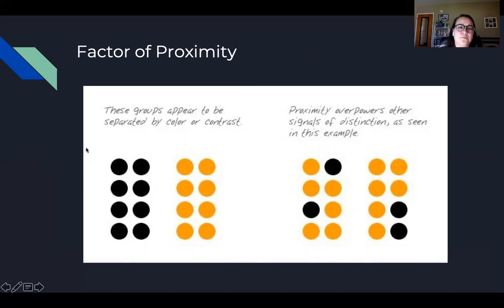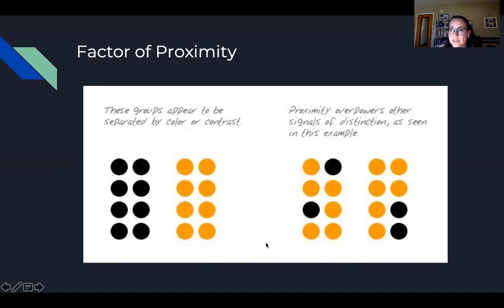shape. So here we can see that the black and orange dots, we could group them based on their color, but here, the idea of proximity, so these two groups being close together, making one whole, and these two groups over on the right together, making another whole, is actually how our brain is organizing them.